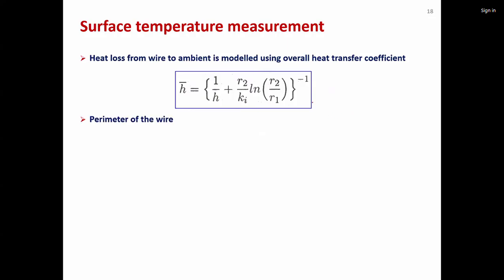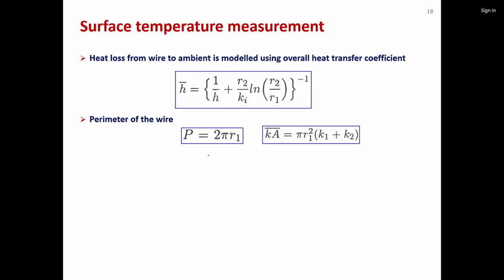So this is typical of heat transfer analysis, where total resistance is taken into account, because by doing this you can find out the heat flux. The perimeter of the wire is 2 pi R1, where R1 is the radius of the wire.